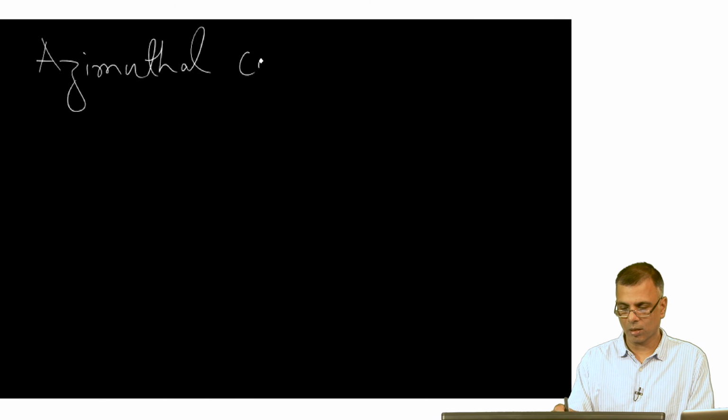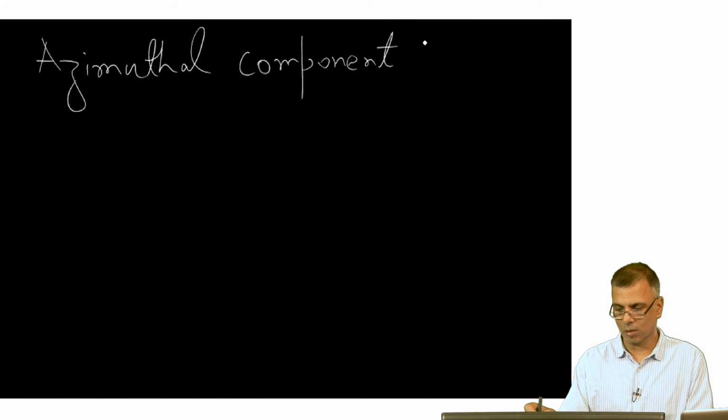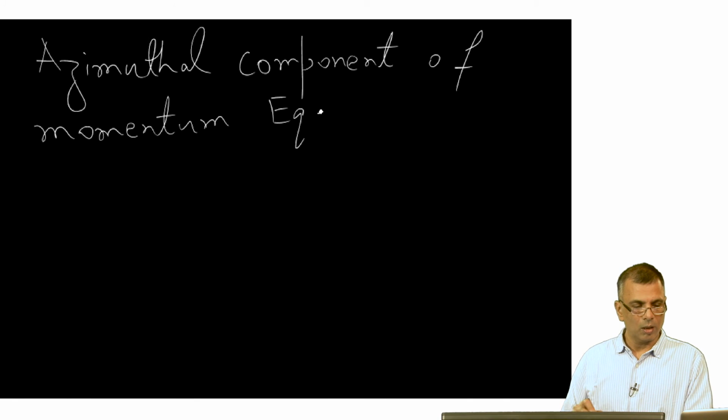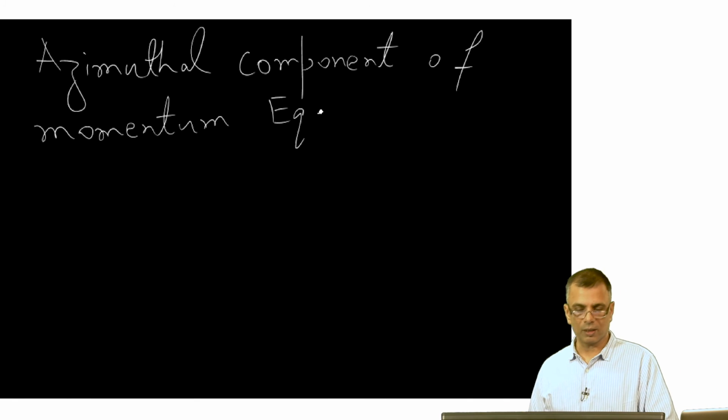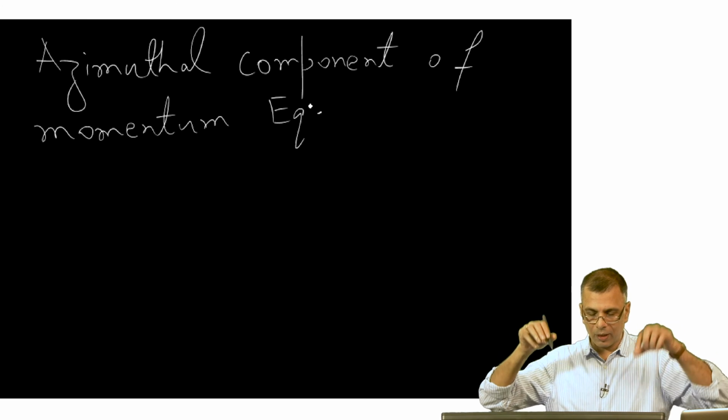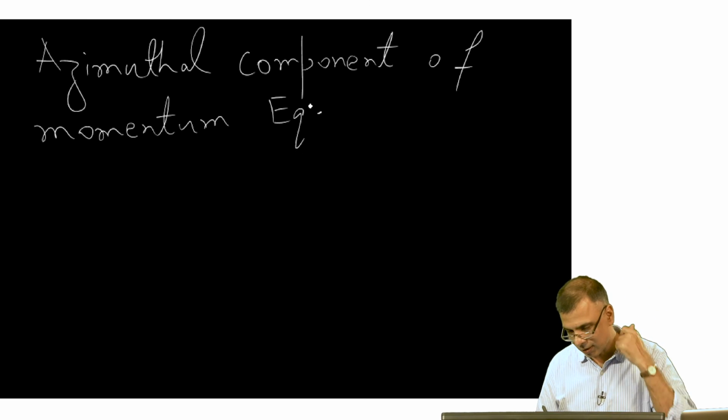Now, the azimuthal component of the momentum equation is a very important component, and this involves viscosity. Why is that? Well, you see, suppose you were looking top down, and we will not write down the equation right at the moment.